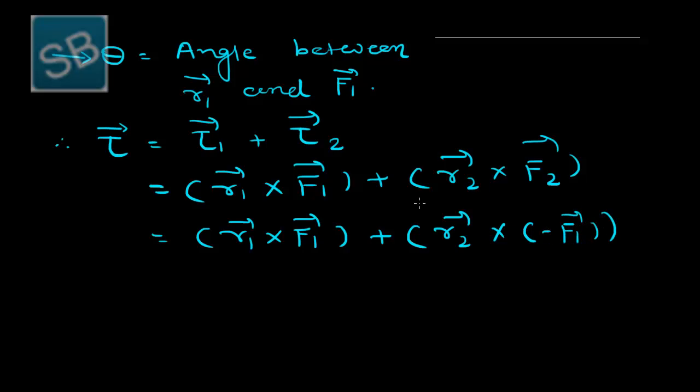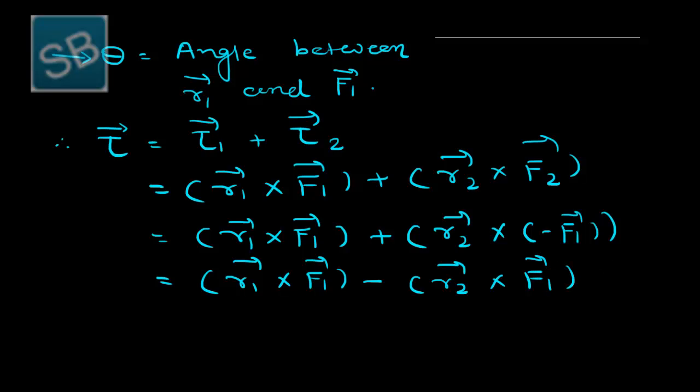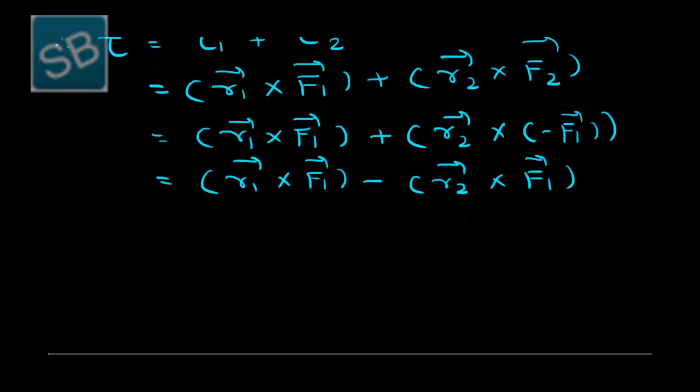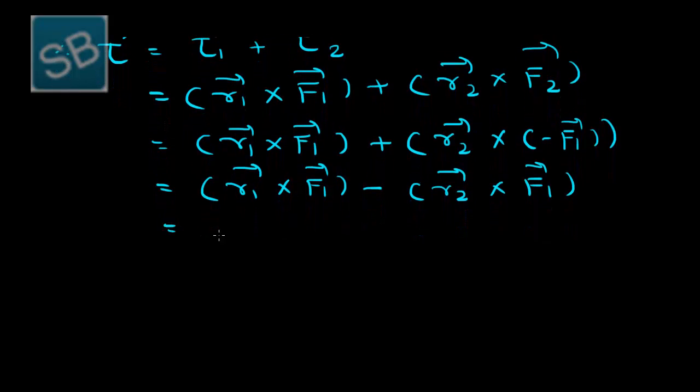And I can put this minus sign outside of the bracket, and hence R1 cross F1 minus R2 cross F1. So with this I can take F1 as common, and inside the bracket we have R1 minus R2 cross F1.